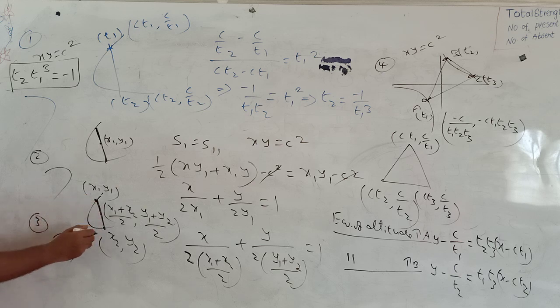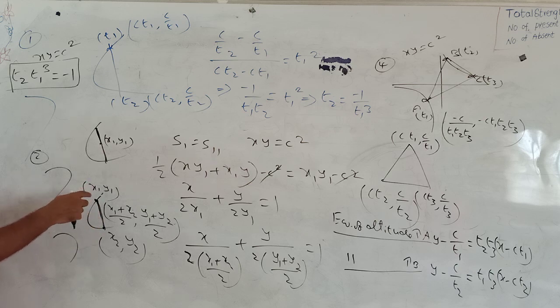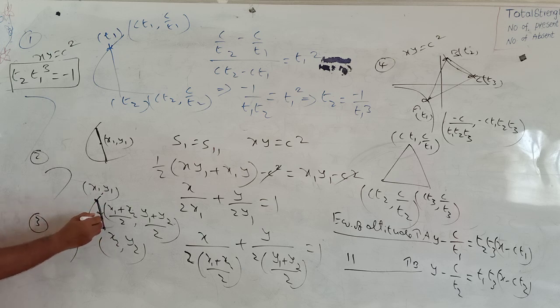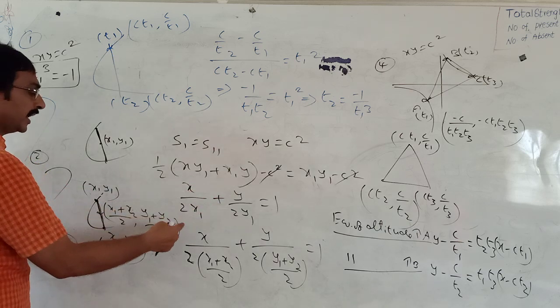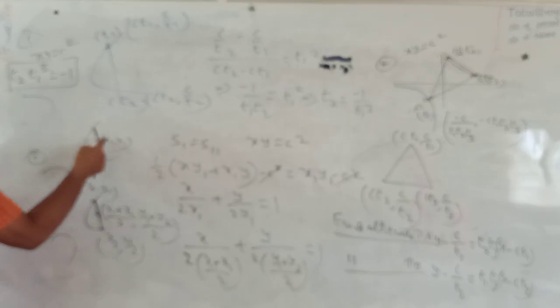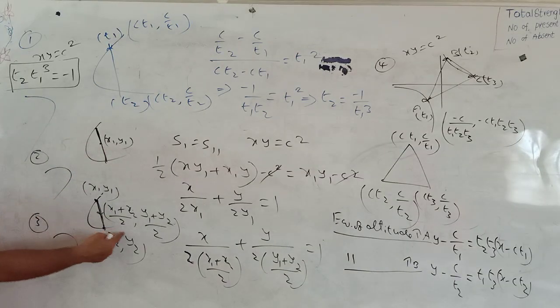Clearly their midpoint is x1 plus x2 by 2, y1 plus y2 by 2. Now we can do this line in two ways. In one way, the equation of the chord joining these 2 points is nothing but the chord having midpoint x1 plus x2 by 2, y1 plus y2 by 2. So from the above formula, the equation of this one is x by 2 into, in the place of x1 there is x1 plus x2 by 2.